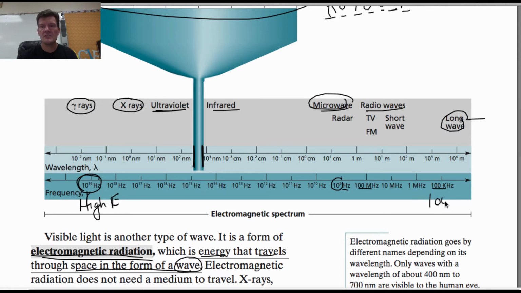And low energy here, because there's a low frequency. This is short wavelength. Short wavelength has high frequency. If the wavelength is short, you're going to see a lot of waves passing by you in a short amount of time. Here, this is long wavelength, and they have a low energy and a low frequency.